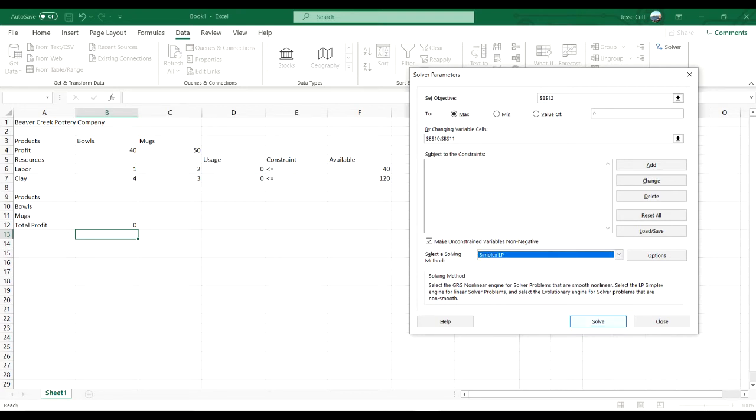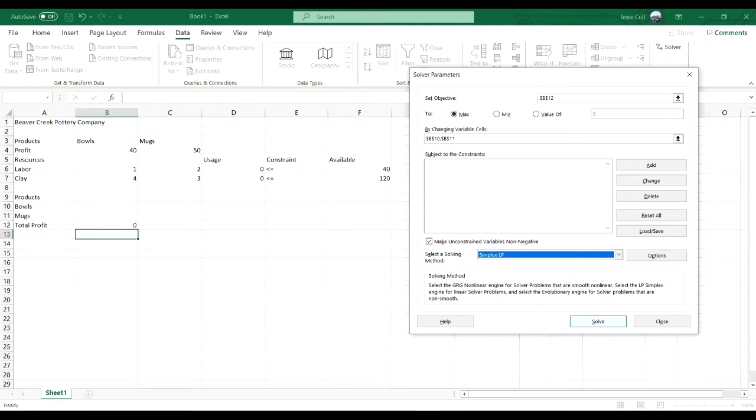Now if we hit solve right now, nothing will happen, because we have not entered any limitations, any constraints. If we're trying to maximize profit and we haven't entered any constraints, then our total profit would be infinity, because we would produce infinite bowls and infinite mugs. That's not real life. In real life, we have limitations.